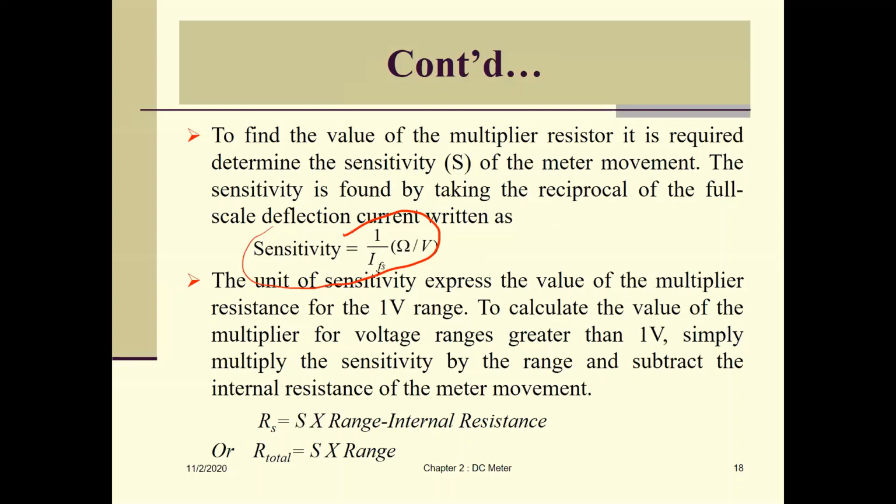From sensitivity, we can calculate the multiplier resistor. This is the formula for the multiplier resistor: RS equals S, the sensitivity, multiplied by the range, which is normally given, minus the internal resistance.